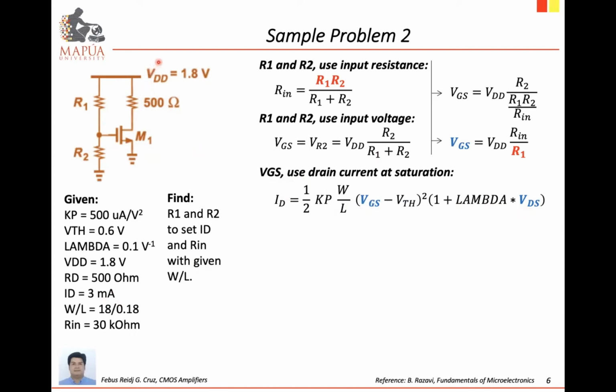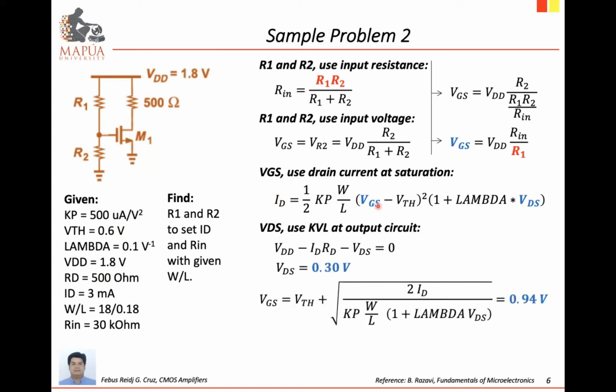So we can have a voltage loop at the output. So you have VDD minus IDRD and then minus VDS. ID is provided, RD is given, VDD is given. So we can solve for VDS equal to 0.30. Then substitute this value into the drain current equation. So we can now determine the value of VGS.